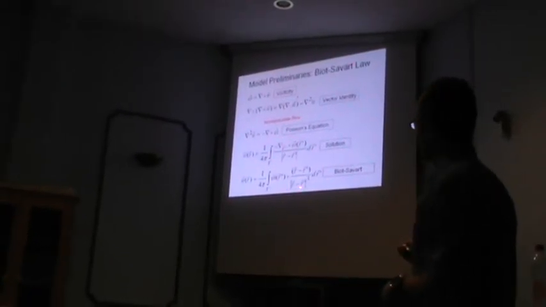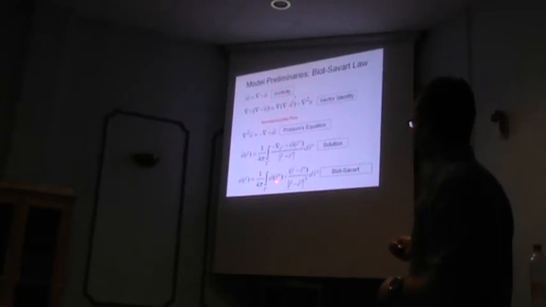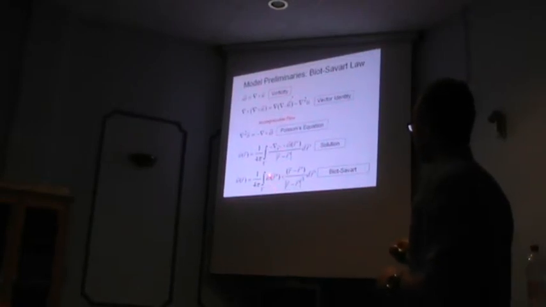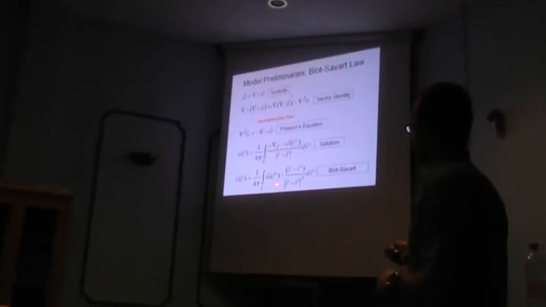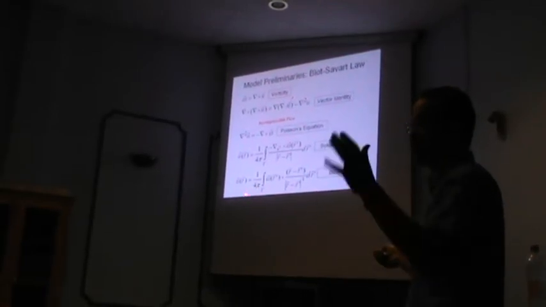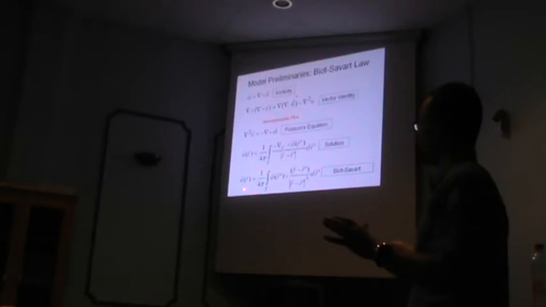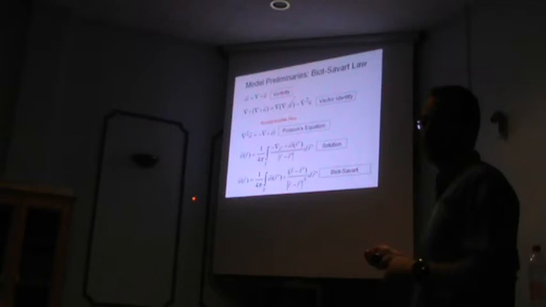You can do some algebra, and you can put this velocity calculation in terms of the vorticity in the famous form of this Biot-Savart integral. And the most important thing that I would like you to see from this integral, notwithstanding that it has vector form, etc., is that if somebody gives me the three-dimensional spatial distribution of vorticity everywhere, then I can calculate this integral and get the velocity field out of it.